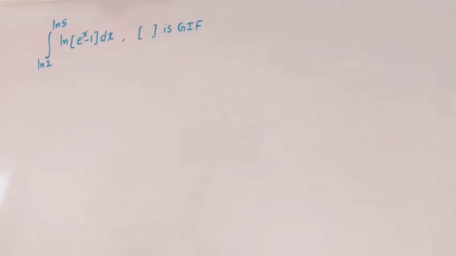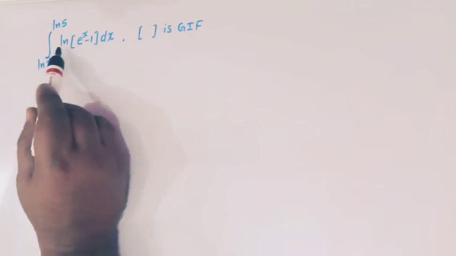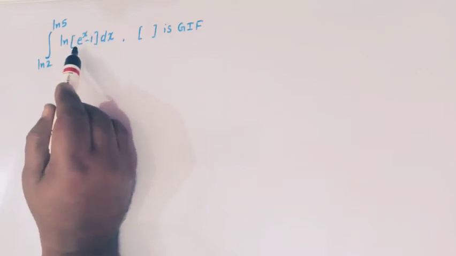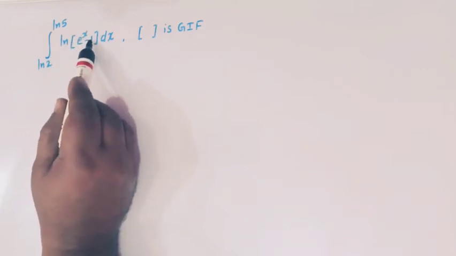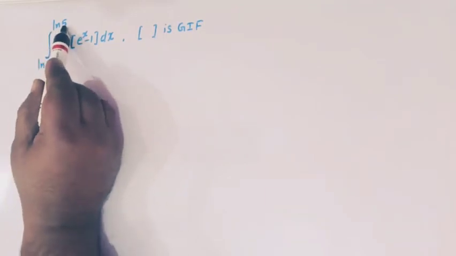Hello viewers, in today's class we are going to solve one important definite integral in which the greatest integer function is involved. Here we have to integrate the function log of the greatest integer of e raised to x minus 1 from log of 2 to log of 5.